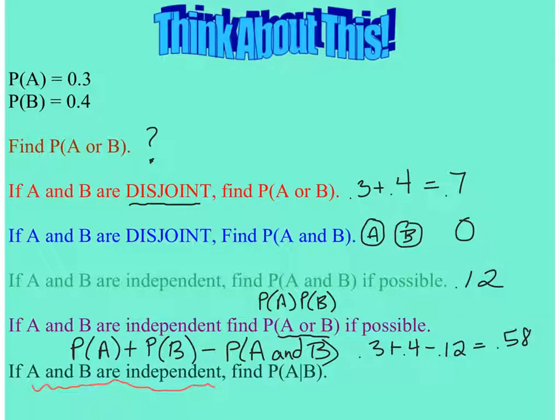So the probability of A given B is simply the probability of A, because B doesn't affect A. So if B happened, it doesn't matter. So the probability is simply 0.3. Okay, and that's a good thing to think about and remember. I think a lot of times when you talk through it, it's pretty obvious, but if two events are independent, then the probability of one given the other is simply the probability of them each separately. Because if they're independent, they don't affect one another.